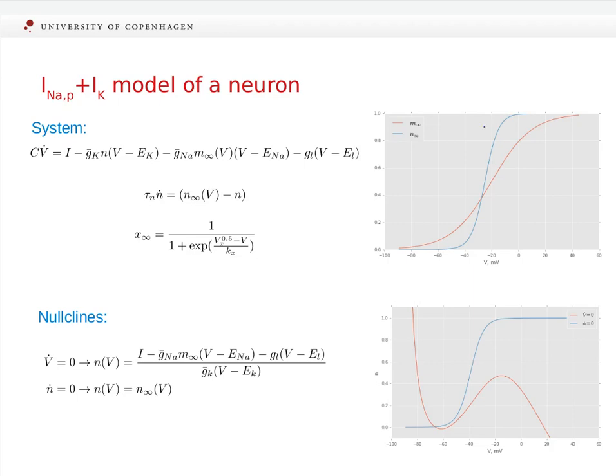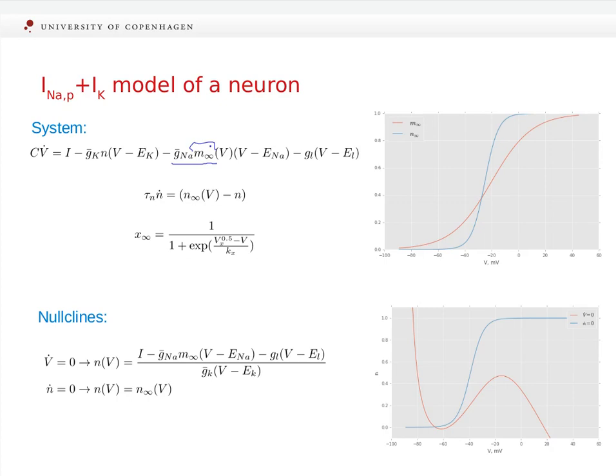The first current is the instantaneous sodium current without inactivation. That's why it's called a persistent sodium current, and it's instantaneous, meaning that we don't regard the actual dynamics of the activation variable, the activation gate. We just think it changes instantaneously.